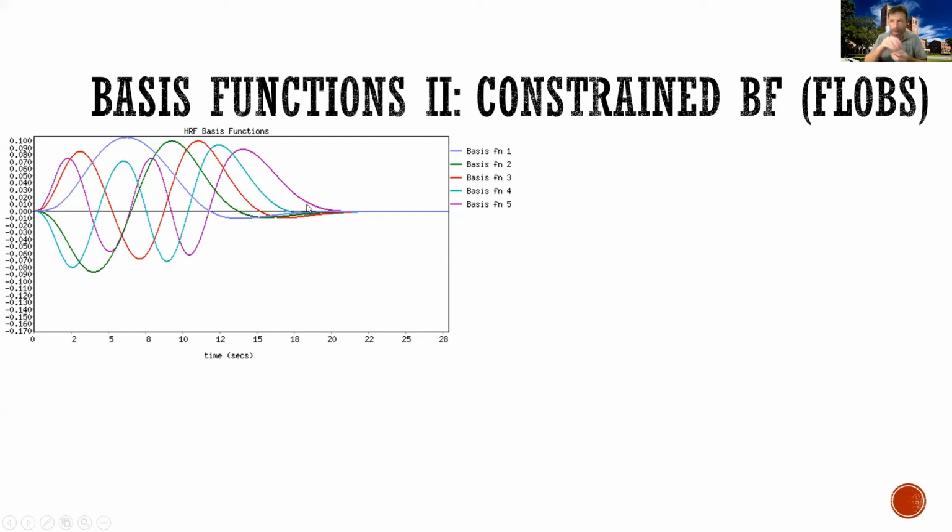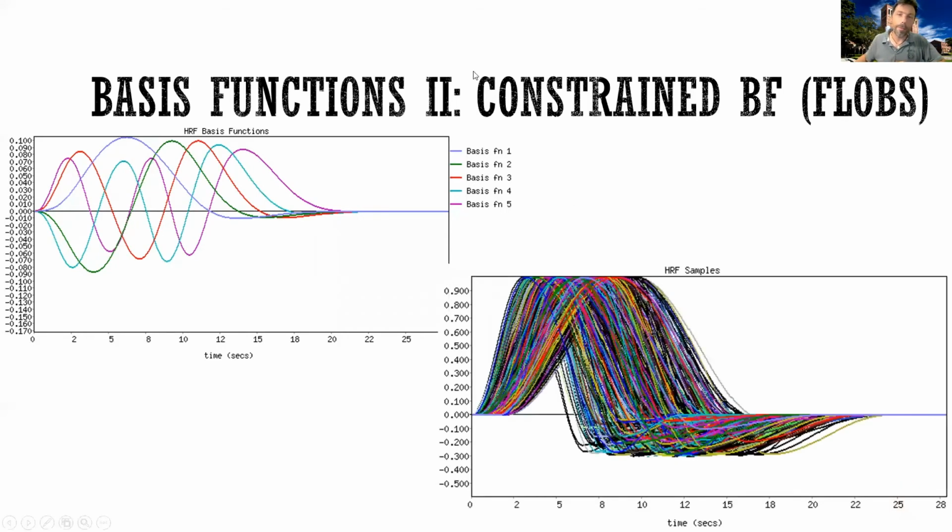by putting them together, again, a bit like a cake, in different quantities, you can create virtually any of these shapes right here. And the reason why they picked these 5 is because overall, this set of shapes right here is the set of likely shapes of HRF that people have.